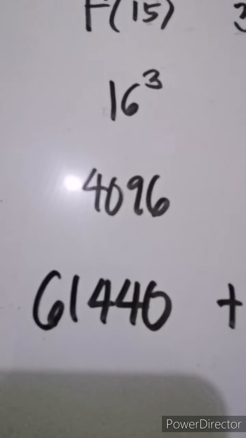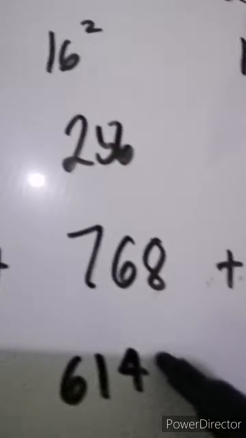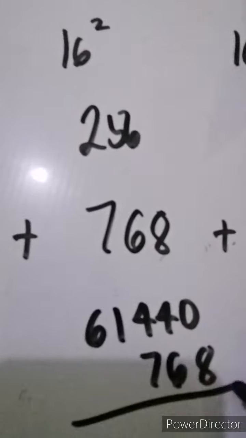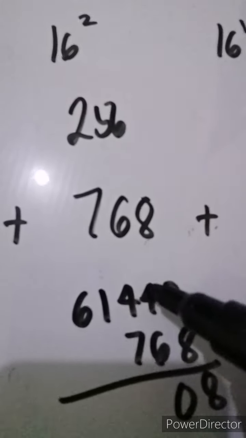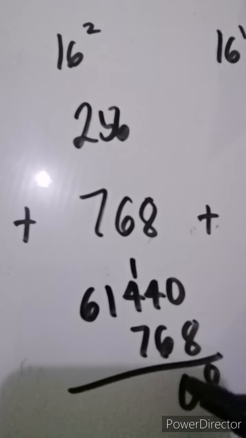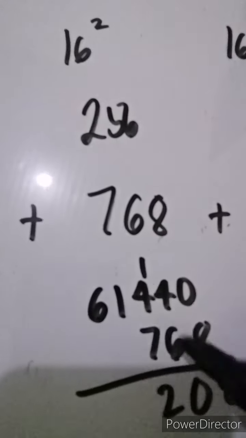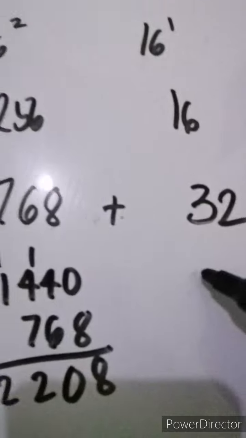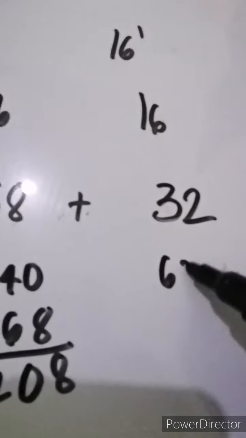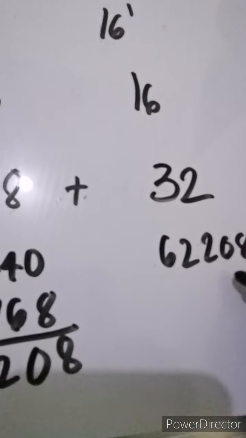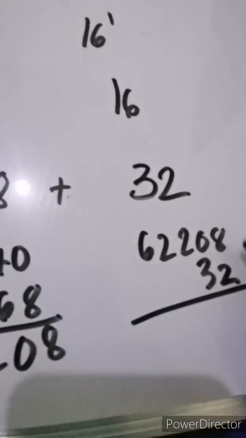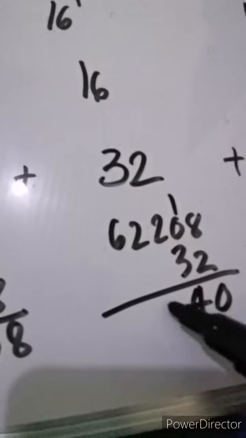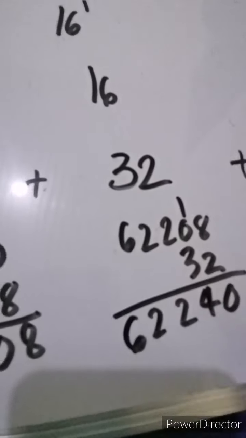Okay, for the next step, so katulad lang ng kanina, add the products. So we will start by 61,440 plus 768. Okay, so we have 8, 4 plus 6 is 10. Then we have 12, carry 1, 62,208 plus 32. So we have 10, carry 1, so 4, 2, 2, 6.